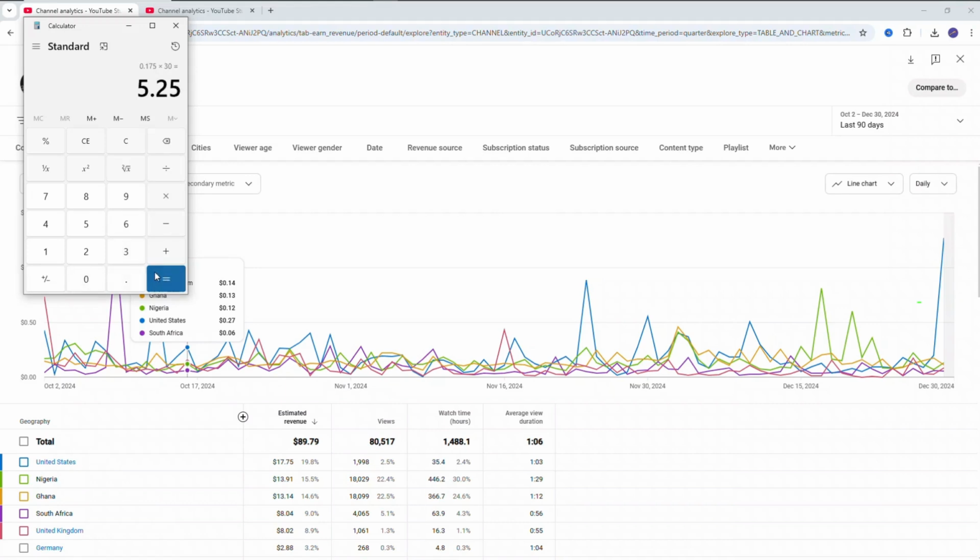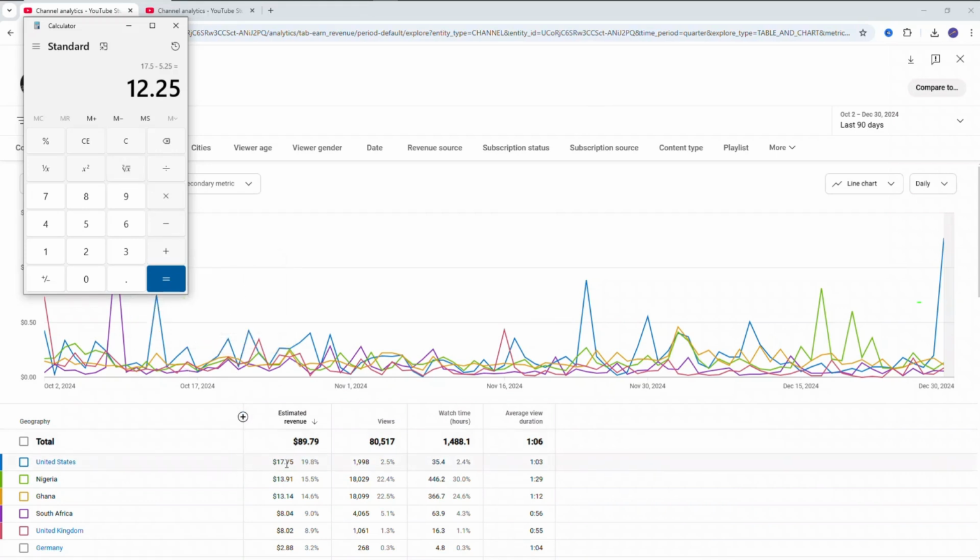So it means they are going to take $5.25. So 17.5 minus 5.25, it means I'm going to get $12.25 of the $17.5 I made from the US.